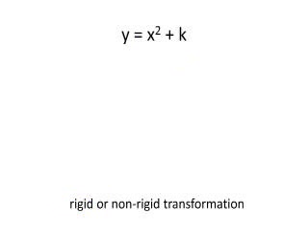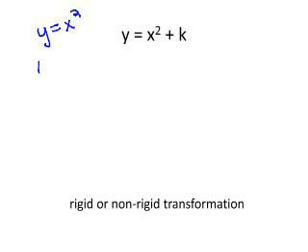We can also take a value and just add it or subtract it at the end of the quadratic. So the way it compares to our parent function is we're still squaring the x first of all, and then after that we're adding a k to it, or adding a negative k to it.